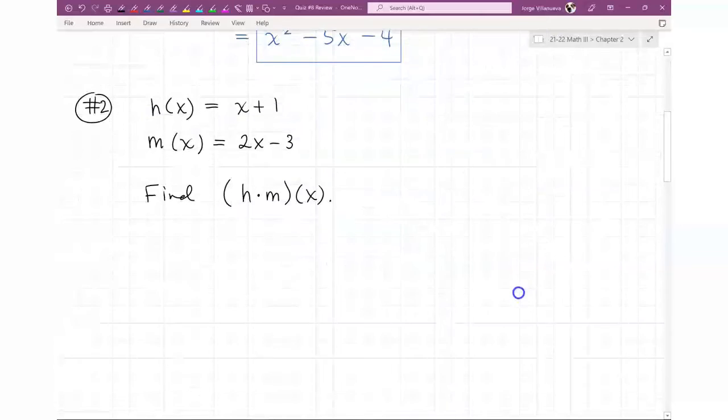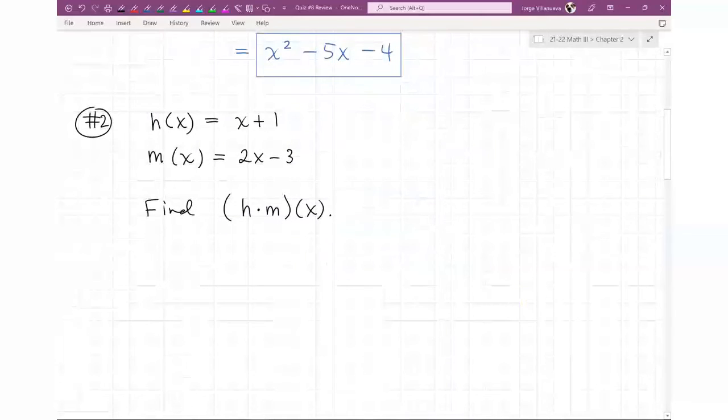So here's another one. I'll leave that answer up there for you guys. So we have h of x, which is x plus 1, and m of x, which is 2x minus 3. And I want you to find h times m of x. So remember, important that you translate it, right?